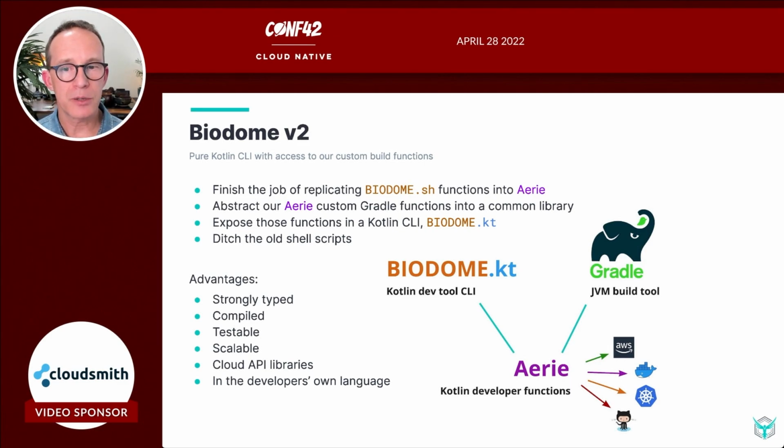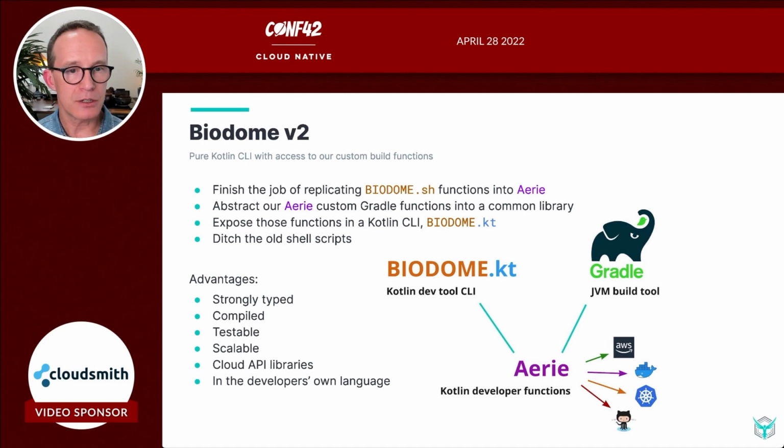The first software application that we thought of was a command line utility, sort of like Biodome. And so we just called it Biodome. But this time Biodome is built using Kotlin. So it's a nice CLI, and it generally speaks directly to the APIs for the services that it manipulates, instead of relying on a bunch of local dev tools.